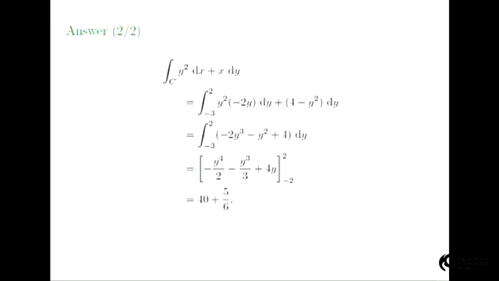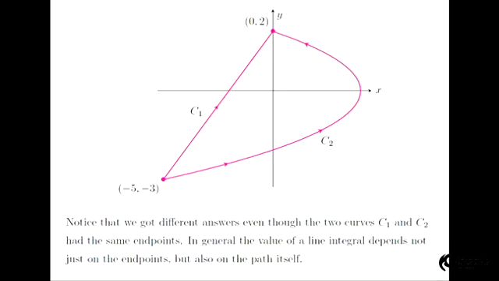All right. So we just did two integrals over the same surface, but with two different curves. Notice that even though these curves have the same initial and terminal points, the integral is totally different. This shouldn't be a surprise.